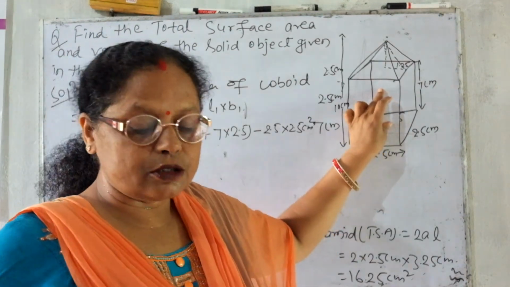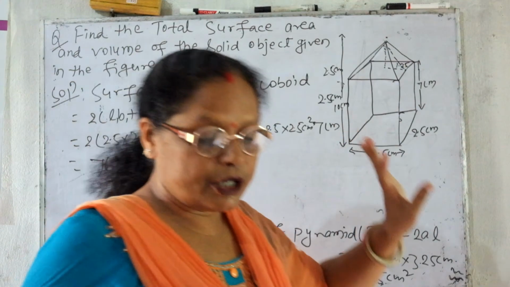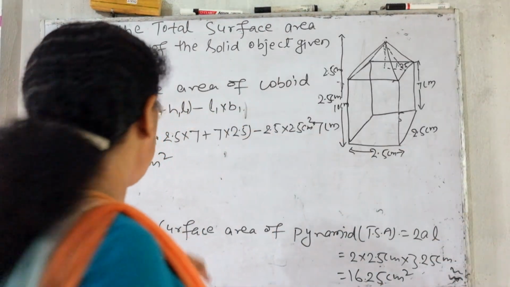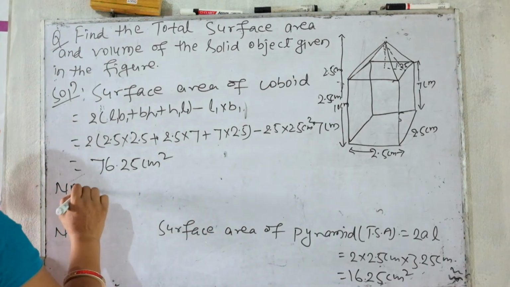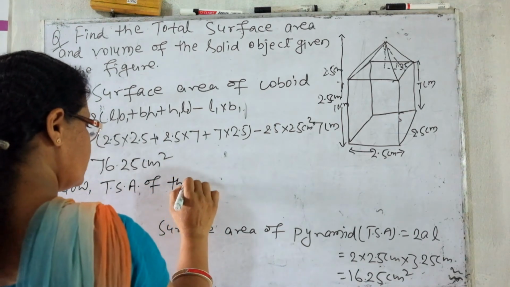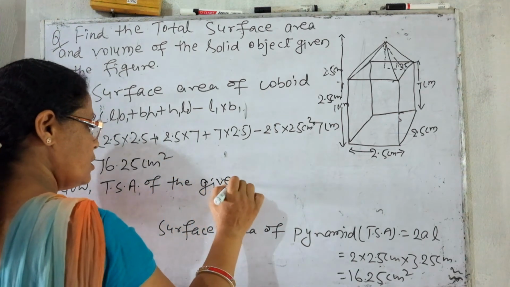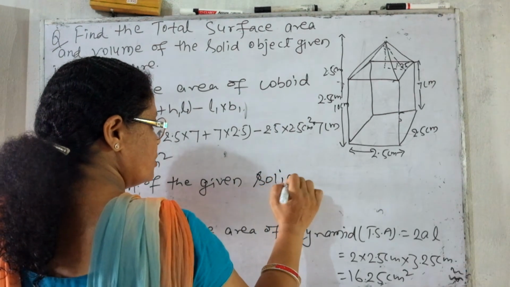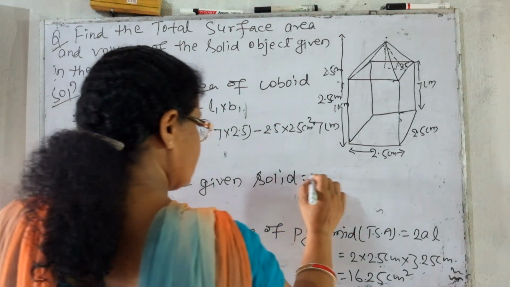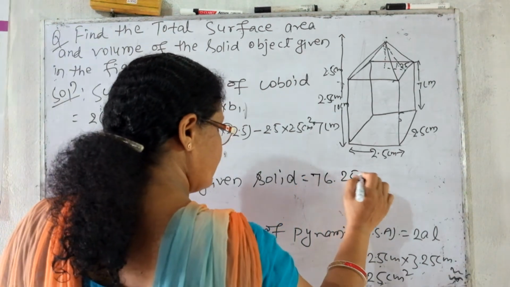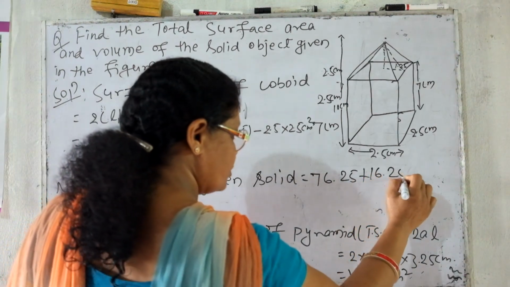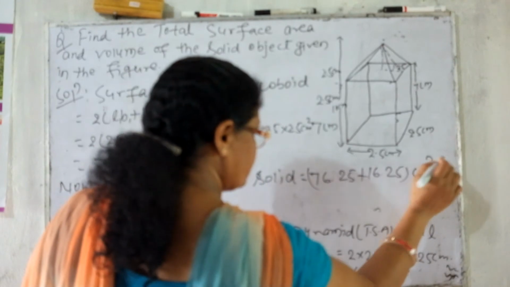Now we have to find the total surface area of this solid. Total surface area, TSA, of the given solid equal to 76.25 plus the surface area of the pyramid, 16.25 cm square.